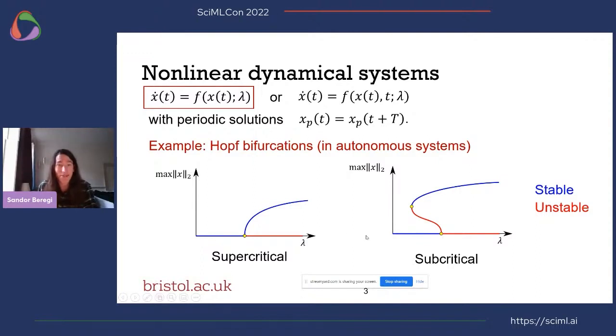So basically here, we have equilibria, which lose stability at a certain value of the parameter lambda. And what happens at the Hopf bifurcation is that at the stability boundary, a stable branch of periodic solutions emerges from this point.